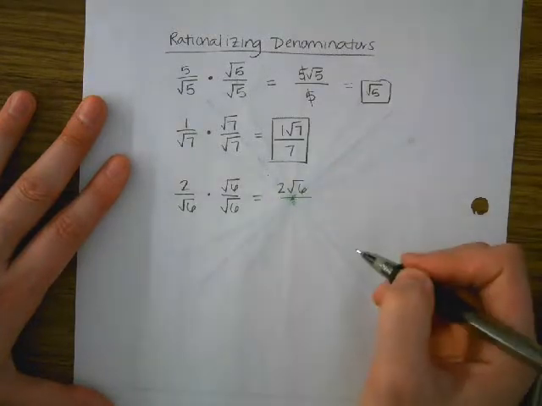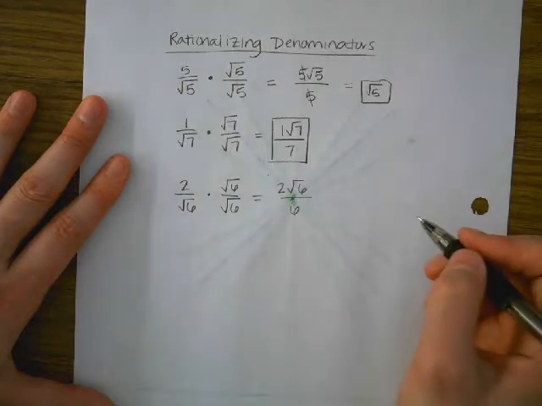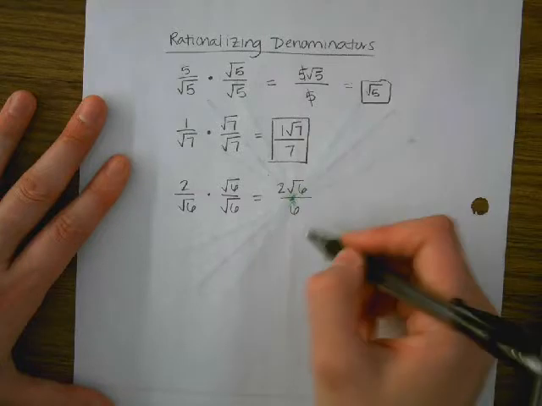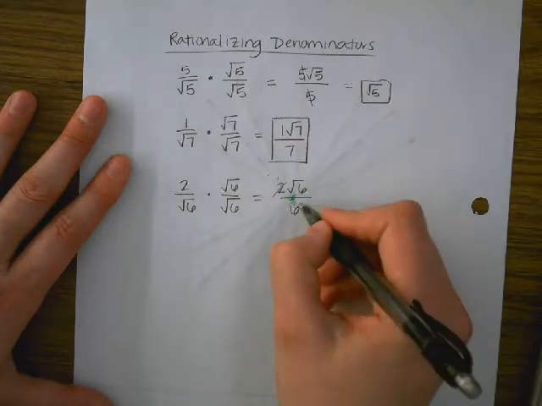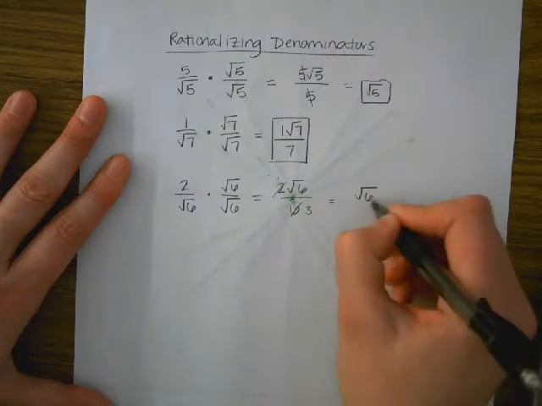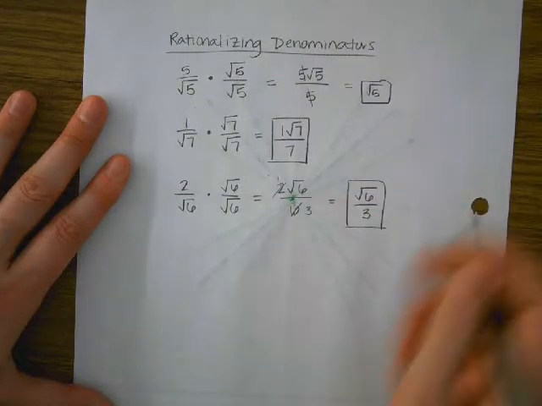What are we going to get on the bottom? Just 6. Yeah, and that 2 over 6 can be simplified to be 1 over 3. So I'm going to take the 2 and divide by 2 and get 1. Take the 6 and divide by 2 and get 3. And so I would say that my final answer in the proper form is square root 6 divided by 3.